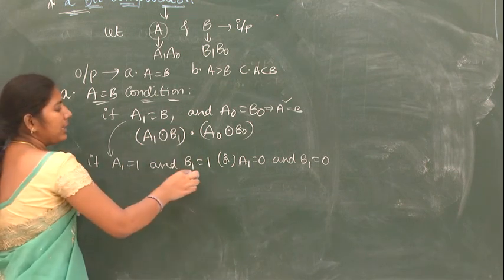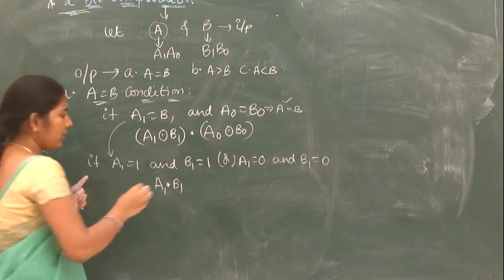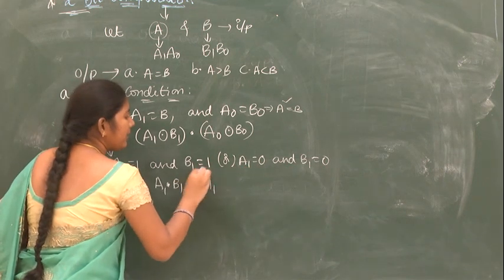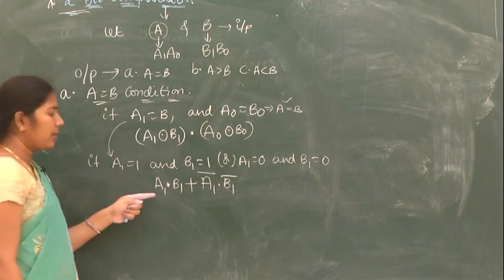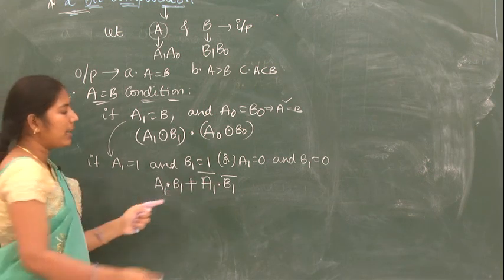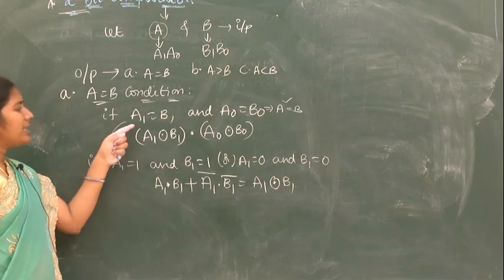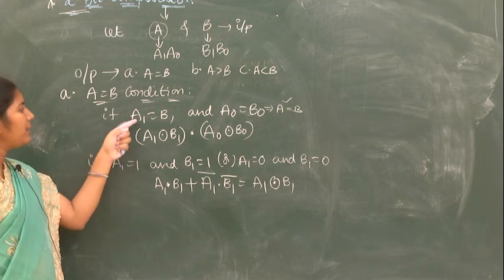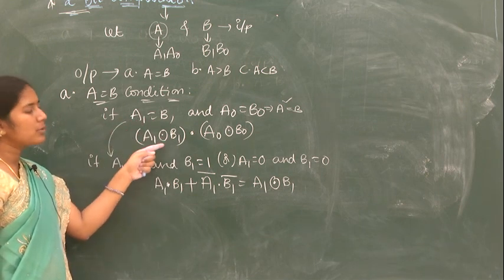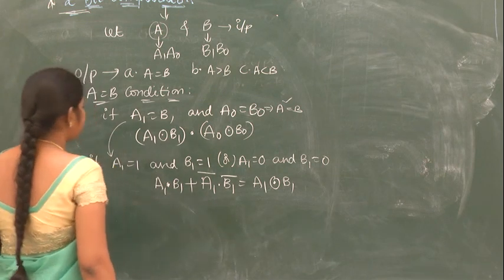So A1 equal to 1 and B1 equal to 1 means we can write A1 dot B1, or means plus, A1 equal to 0 and B1 equal to 0, so we can write A1 bar dot B1 bar. Now just see this function is what? A1 B1 plus A1 bar dot B1 bar, which is nothing but A1 exclusive NOR with B1. So I am writing directly here. Whenever we have an equality function, then directly we can write that if these two functions are exclusive NOR, then we can say that this is the equality function. Okay, fine.